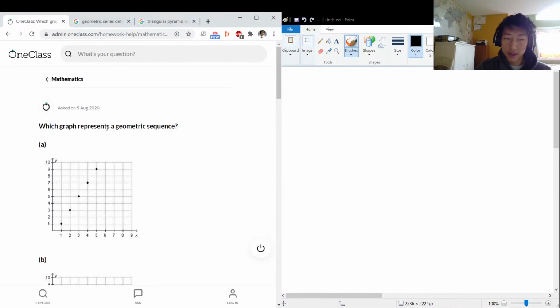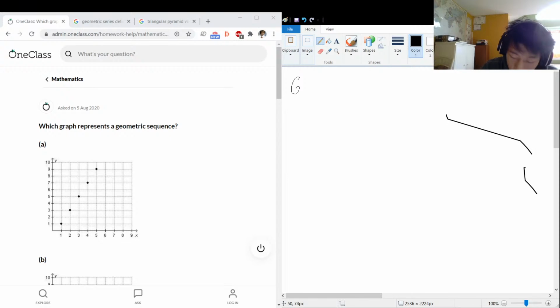Interesting. Okay, so to find which represents a geometric series, let's first figure out what a geometric series is. Let's draw this out.